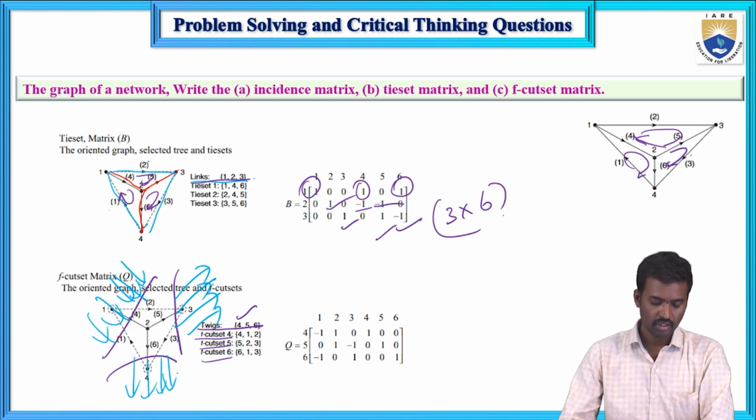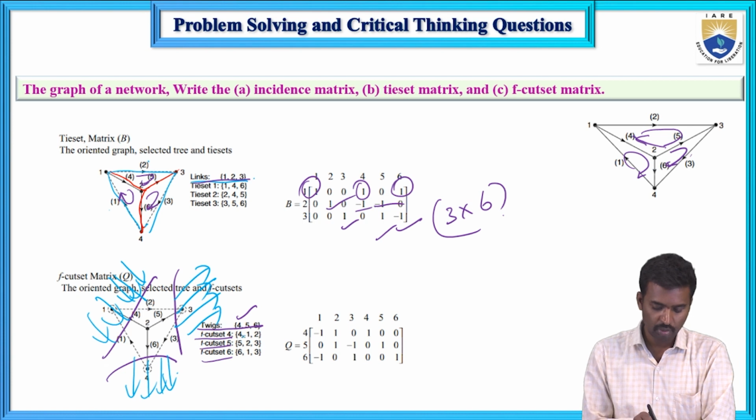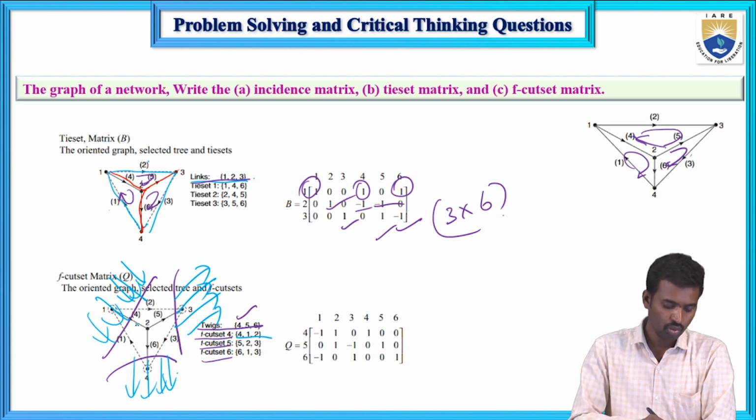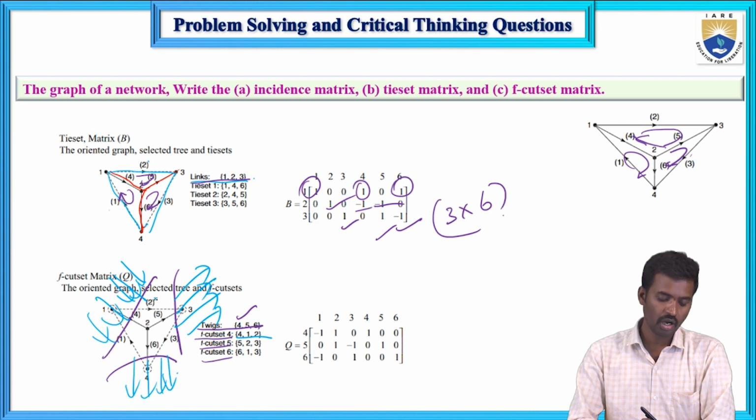For 4, the associated branches are 4, 1, 2. For 5, the associated branches are 2, 5, 3. And for the 6th, the associated branches are 3, 6, 1.